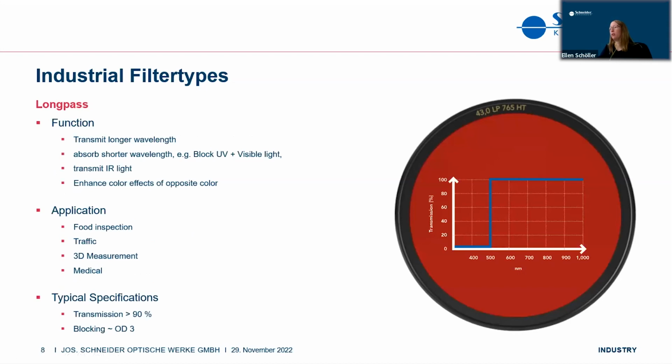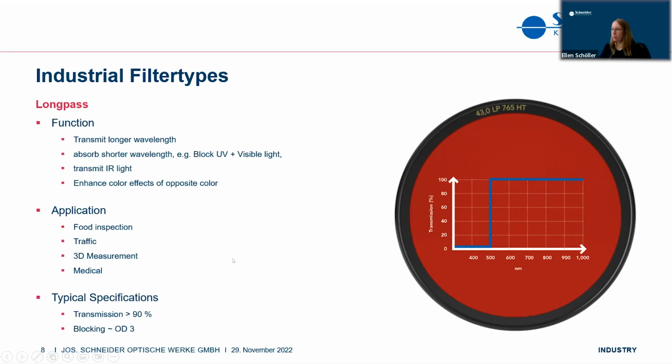Then we can have a look at the opposite kind of filter. We have a long pass filter. So these filters let the long wavelengths pass and the shorter wavelengths are blocked, which means especially UV light is blocked and parts of the visible light and infrared light can pass these filters.